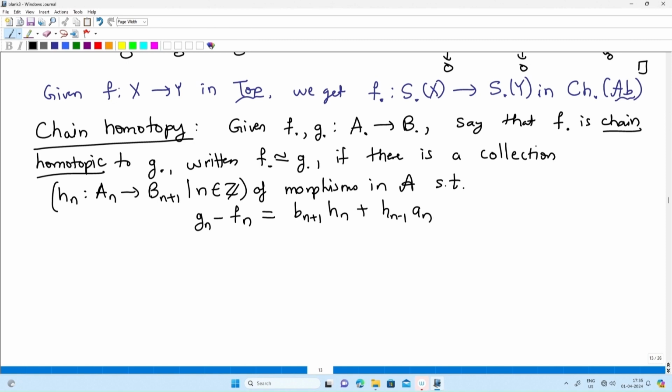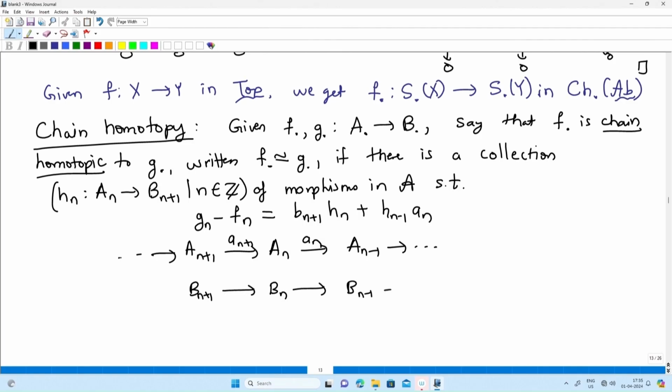Now I have to show you what these things are. So here we have An, An minus 1, An plus 1 and so on. This map is dAn plus 1, this map is dAn, and so on. This is Bn plus 1, this is Bn, this is Bn minus 1. F and G are here. This is Fn, this is Gn. This is Fn plus 1, this is Gn plus 1.